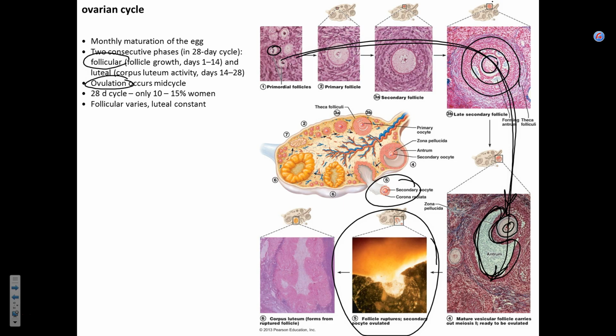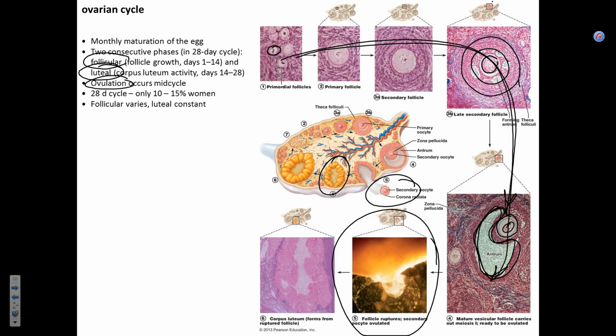But interestingly enough, what's left of the follicle, the so-called corpus luteum, doesn't degrade yet. It stays active for another about 14 days, producing hormones necessary for the luteal phase of the cycle.